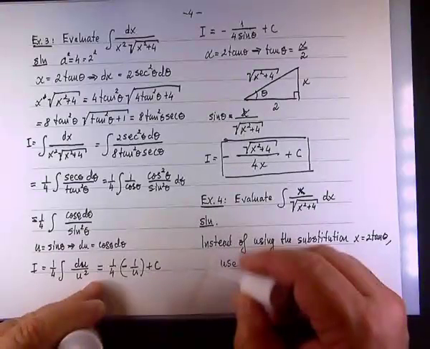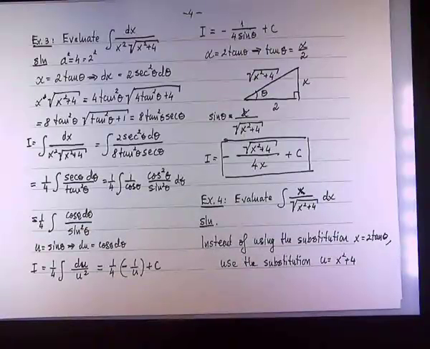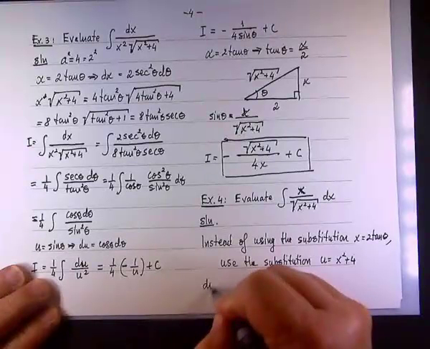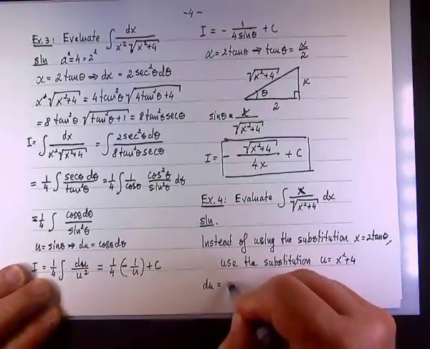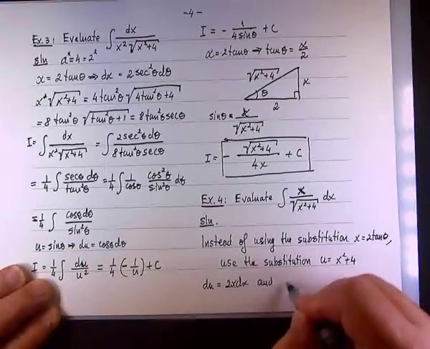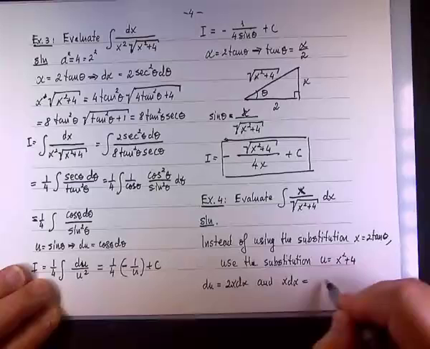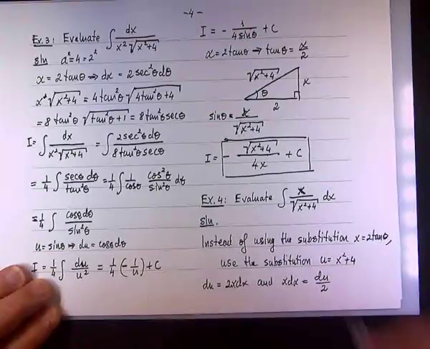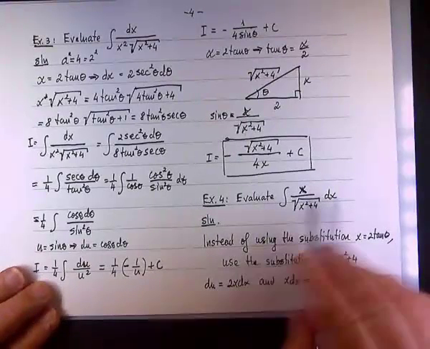So every time you have a function, the derivative of a function is part of the integrand, you want to use the standard or the easier substitution. Okay, so for instance, du is going to be 2x dx, and x dx will be simply replaced by du over 2.